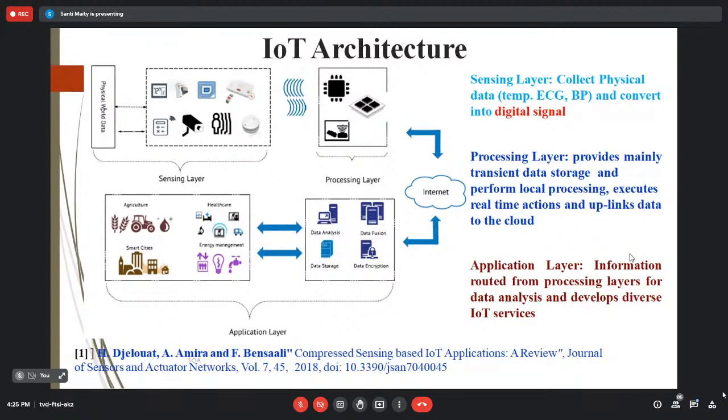There are not that many constraints in computation. On the other hand, the sensors are self-power driven, they have limited power, they have limited computations. So they will have less burden of computation and communications.